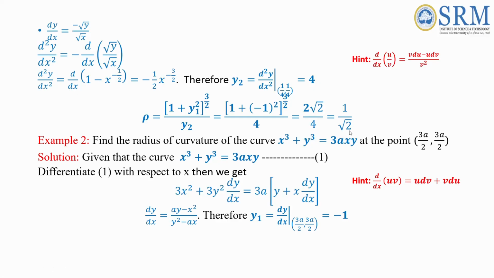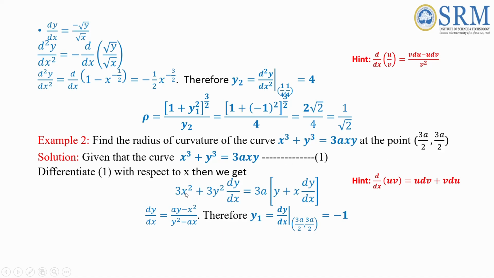Okay, now let us see the second example. Find the radius of curvature of the curve x cube plus y cube equal to 3a xy at the point 3a by 2, 3a by 2. Given the curve x cube plus y cube equal to 3a xy, again differentiate with respect to x.